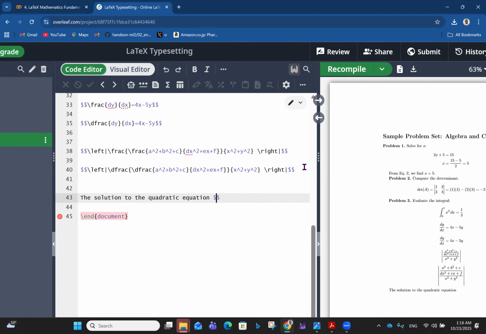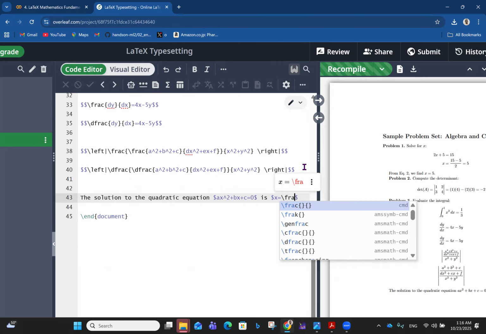The solution to the quadratic equation ax squared plus bx plus c equals 0 is, and I also do it inline, x equals frac, x equals frac.